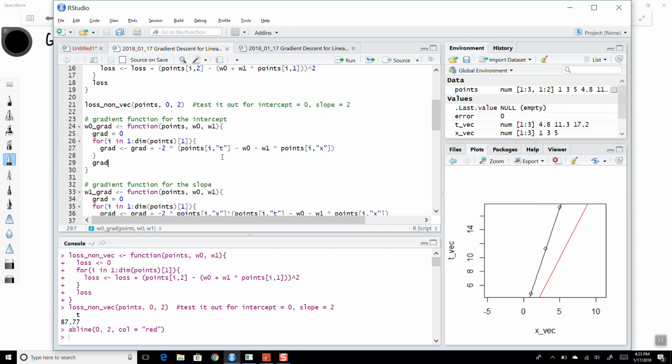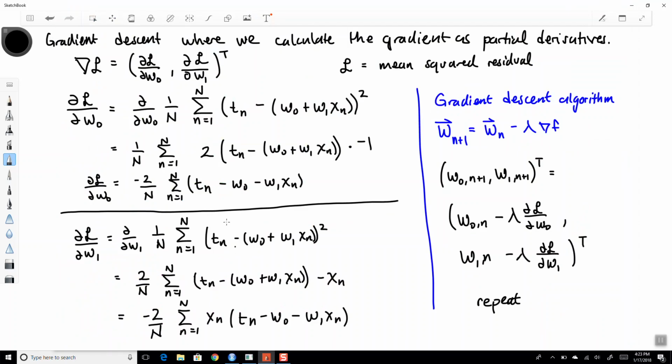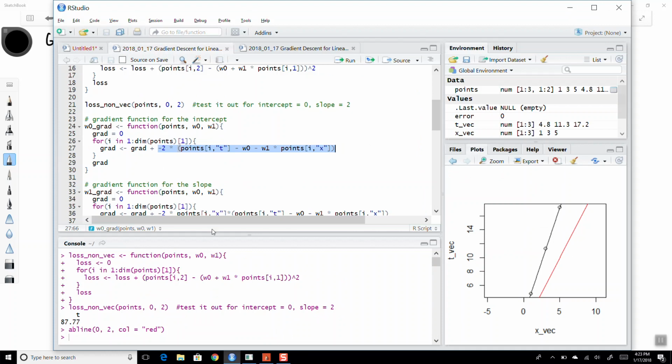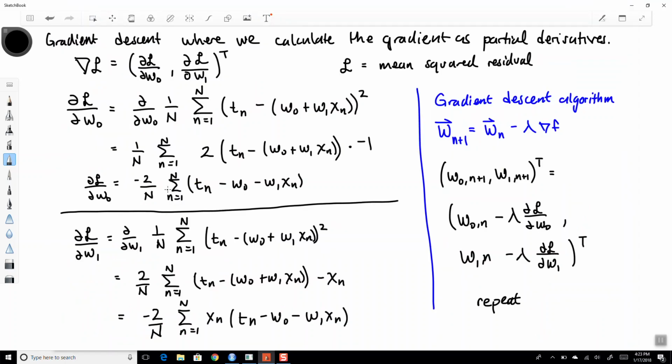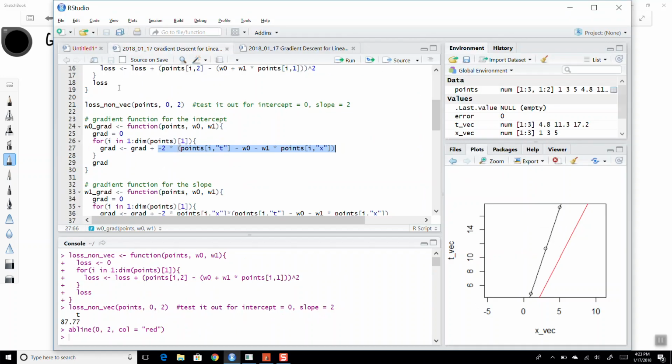But we're going to take the t sub n, which is for that point, minus w0 minus w1 x sub n. So this is basically what this part is, okay? And then the fact that I'm going to loop through all of the points takes care of the summation here. Is that okay for the gradient for w0?